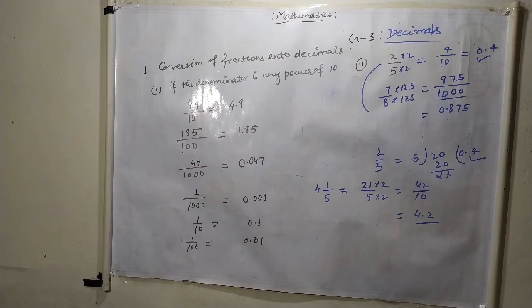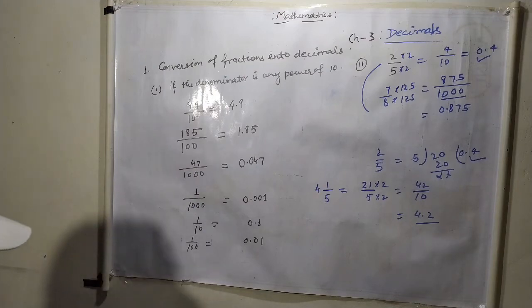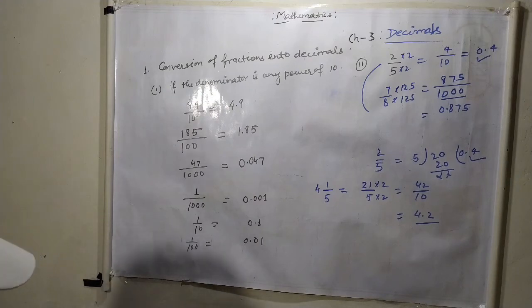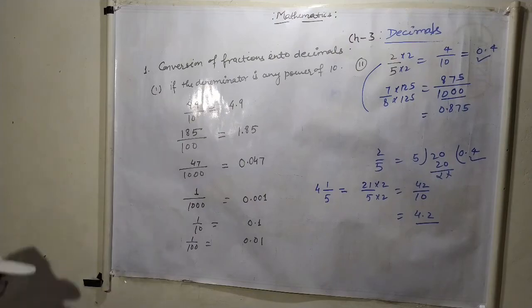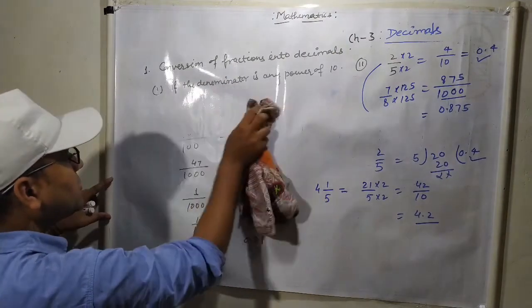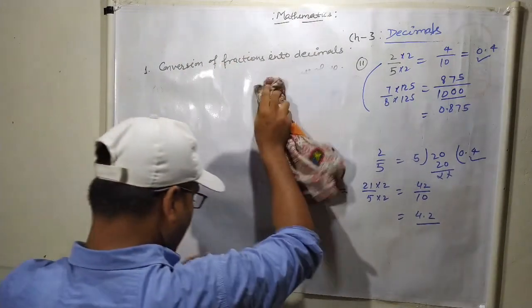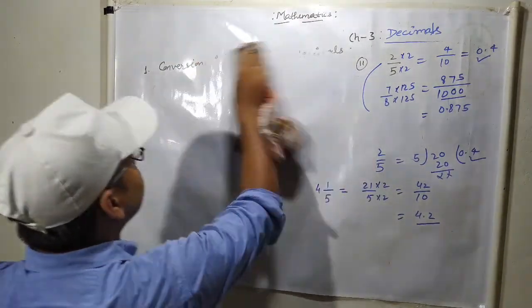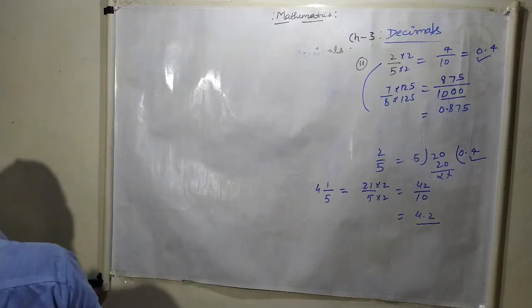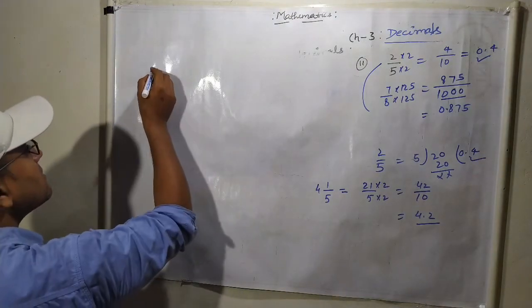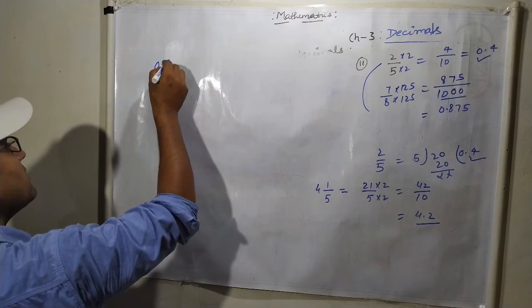So first, conversion of a fraction into a decimal with a power of 10 as the denominator. Your second rule is to change a decimal number into a fraction. So it is very easy. Suppose the number is given 0.35.